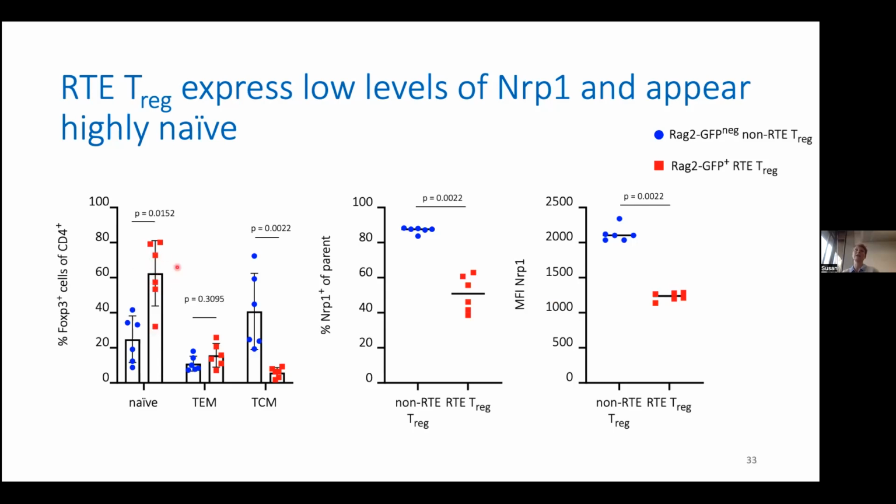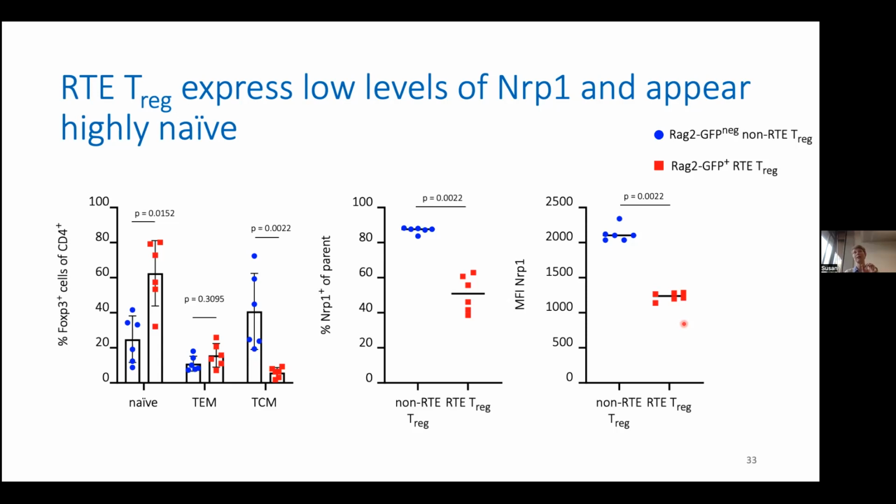The RTE are highly naive, and interestingly, half of the RTE will not even express neuropilin-1. So neuropilin-1 negative cells in the periphery are not necessarily peripherally derived Treg. Actually, this population also contains the RTE. And if they express neuropilin-1, it's at very low levels. So neuropilin-1 negativity in the periphery means P-Treg and also RTE.